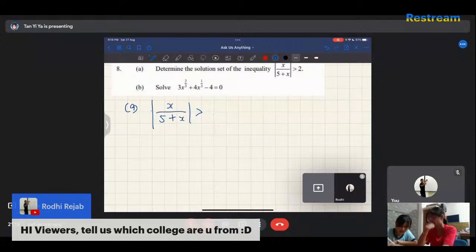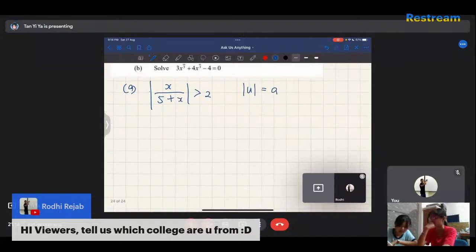It is known that if modulus of u equals a, then u will be equal to negative a, or u will be equal to a.